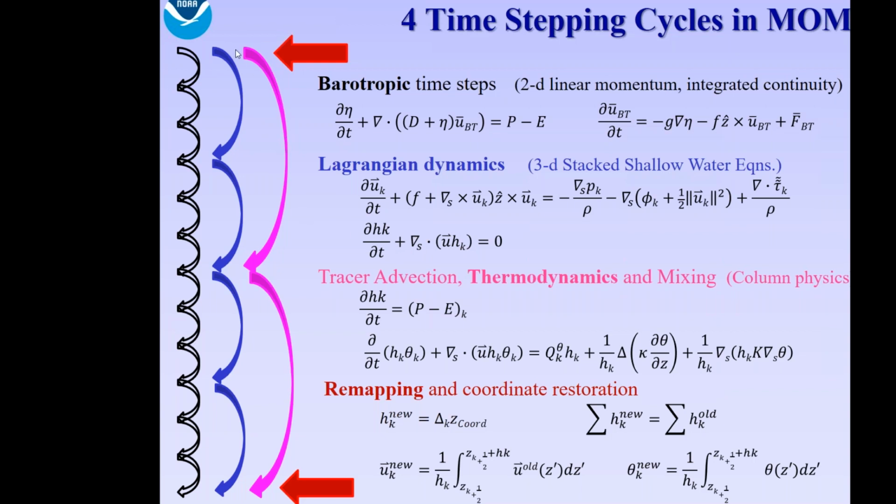And then we can integrate the transports over several of these Lagrangian dynamic steps and use those for the tracer equations. And this is where this system becomes particularly effective in Earth system modeling applications where we might have dozens of tracers that we'd like to carry around.